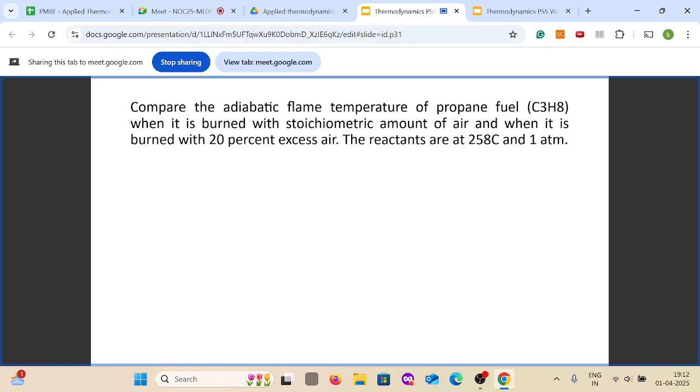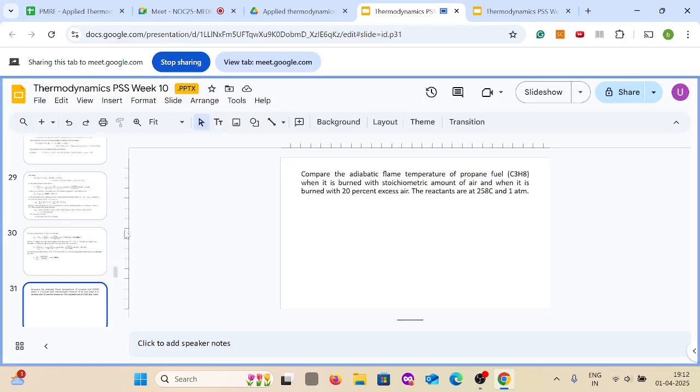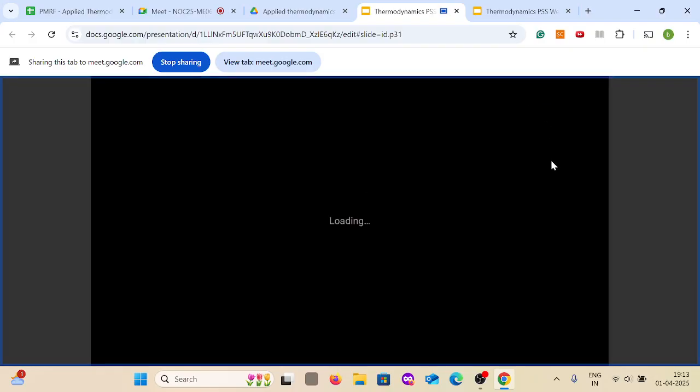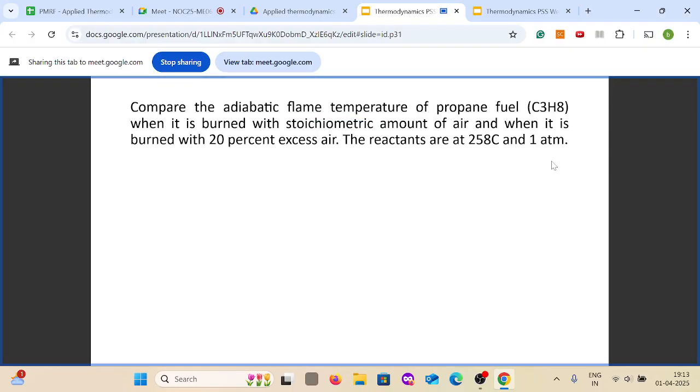Next is to compare the adiabatic flame temperature of propane fuel when it is burnt with a stoichiometric amount of air and when it is burnt with 20% excess air. The reactants are at 25 degrees Celsius and 1 atmosphere.